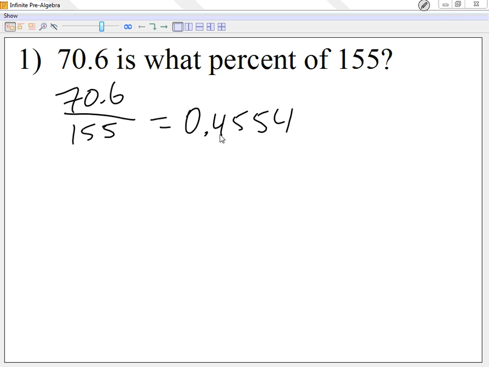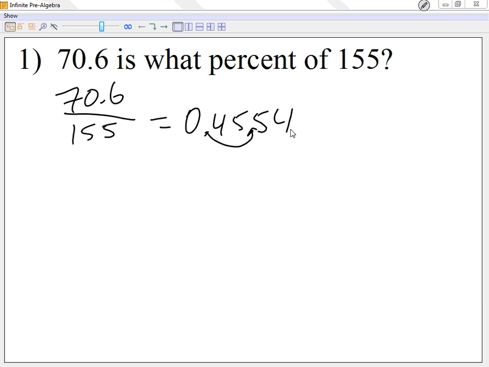And then here, from a decimal to a percent, I have to move the decimal 2 places to the right. Since my last number, I'm going to round it to one decimal place.